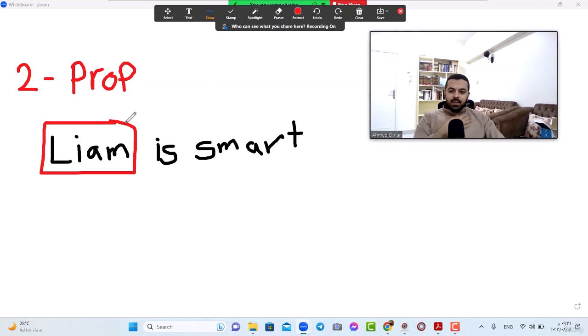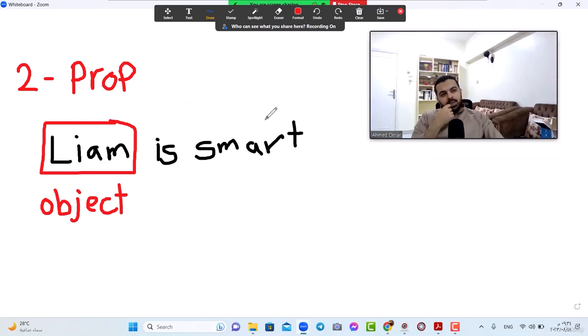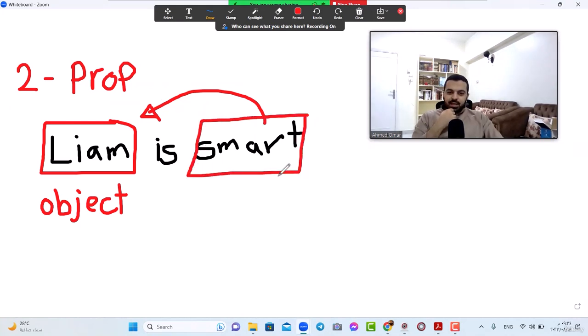نعم جميل. So the first is called object. In Arabic, it's called موضوع. Object. And you tell something about this object. I don't know what it is called in English, to be honest, but in Arabic, it's called mahmul.